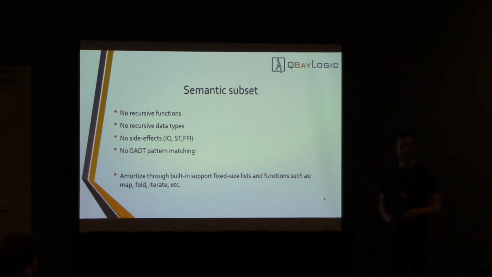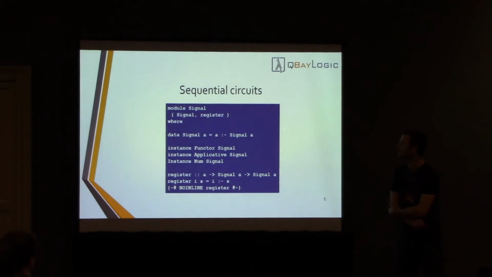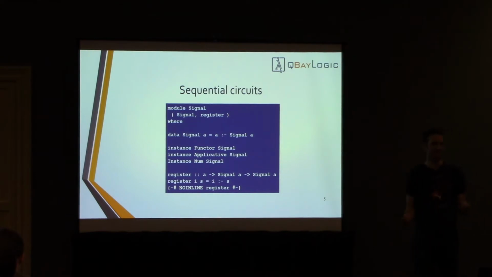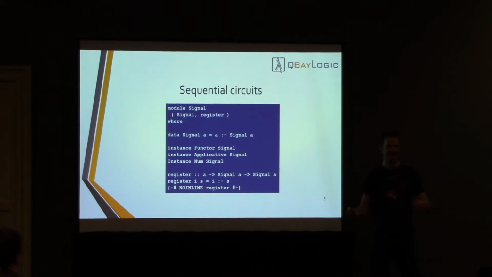But you can still specify quite a lot, even if you miss out on all these things. So you have combinational circuits like multiplication and addition, but you also have things that have state. So how do we model state? In Clash, we use streams. We call them signals.